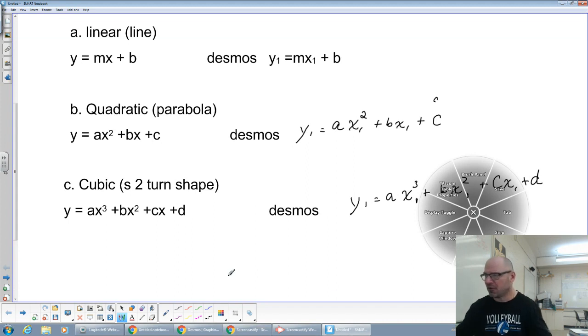So the first thing I'm going to do is an example on Desmos with you of a linear line, and we're just going to take 5 or 6 points from a table. I'm going to put a table up on the blackboard and give you a few minutes to write it down.